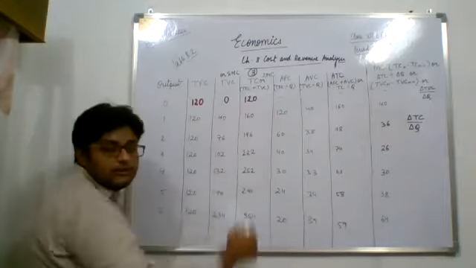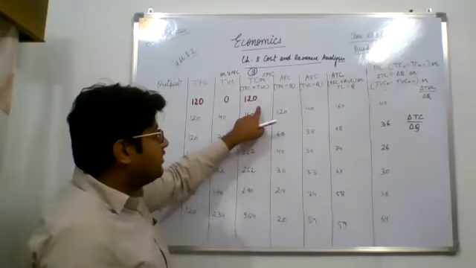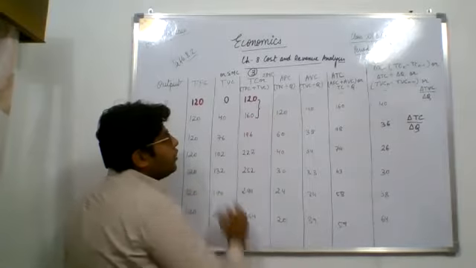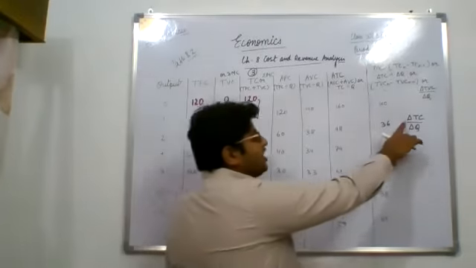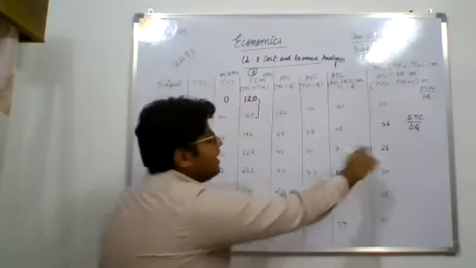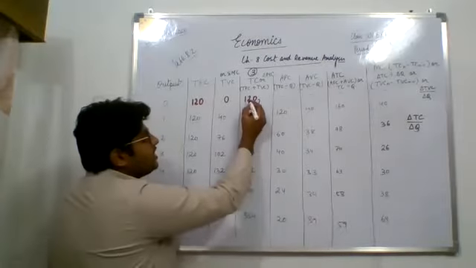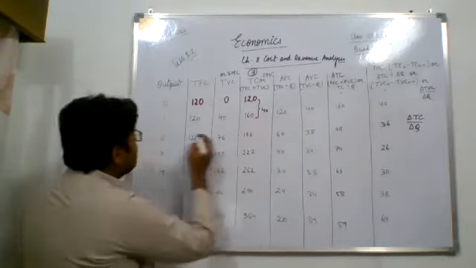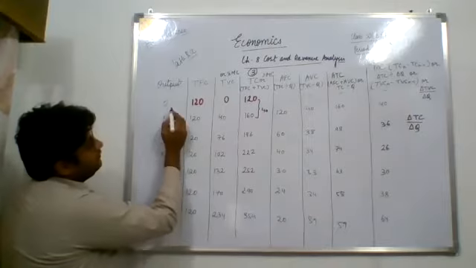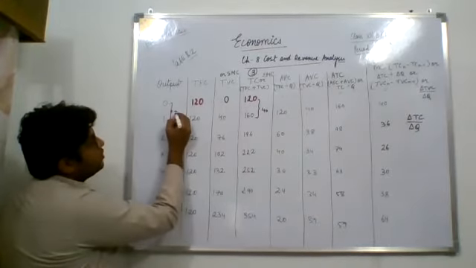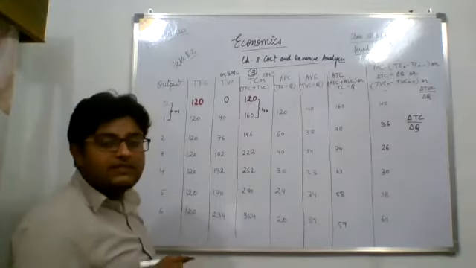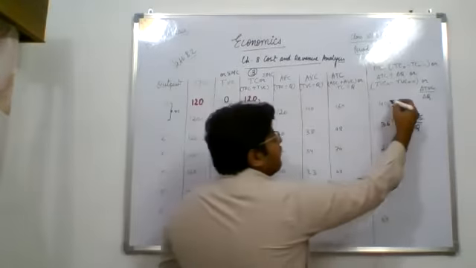To calculate the marginal cost, I will take the change in total cost and divide it by the change in output. So the change in total cost is 40 here, and the change in output is 1. So I divide 40 by 1, and I get 40.